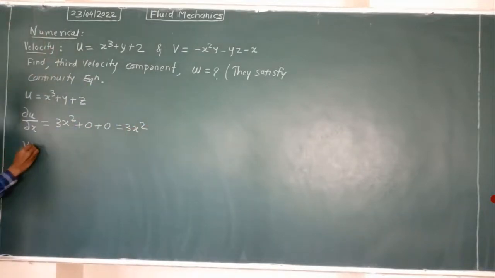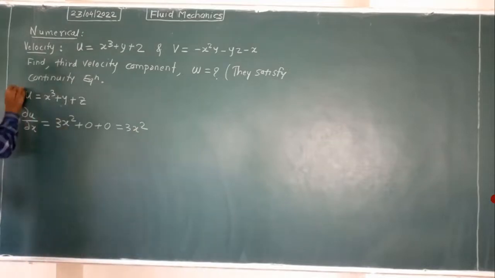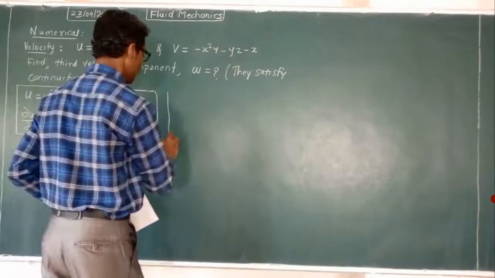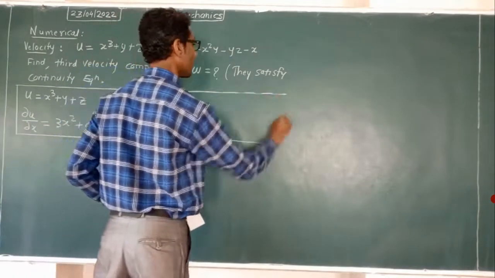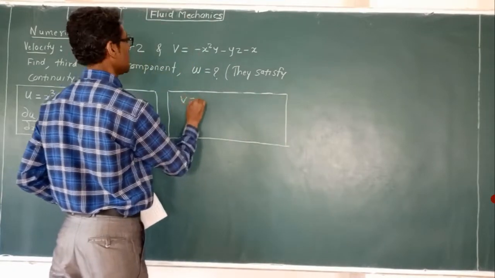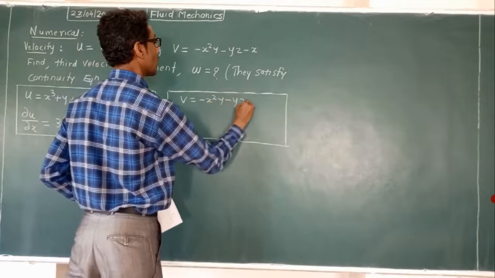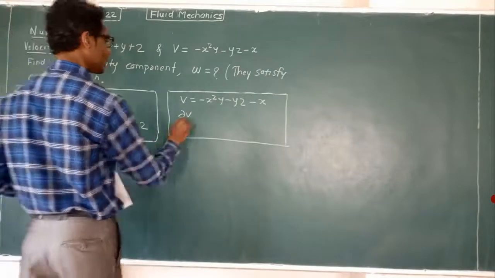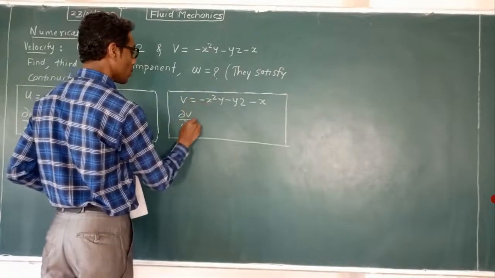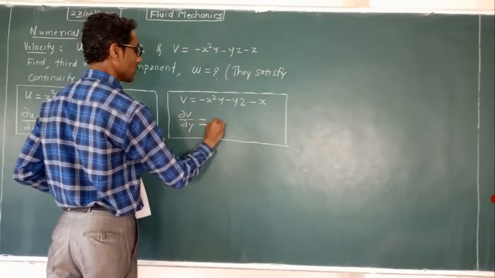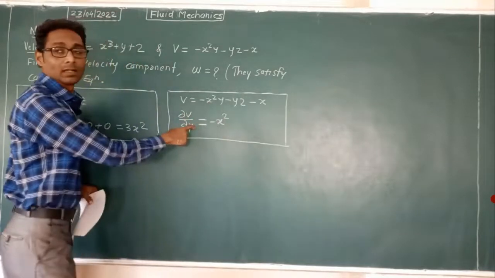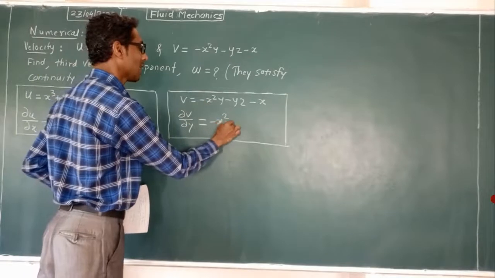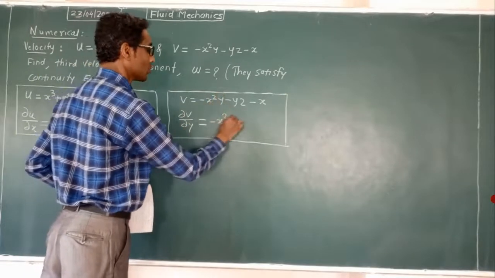This is for u, and similarly we will do it for v. So v is equal to minus x square y minus yz minus x. Differentiation with respect to y, dou v by dou y, partial differentiation. In the first term, x square is a constant for y differentiation, so it will remain as it is, and differentiation of y will be 1.